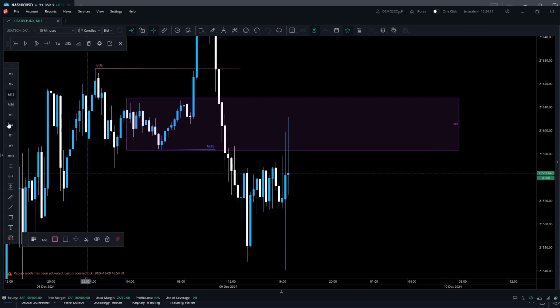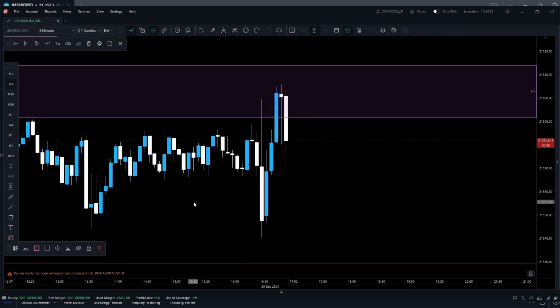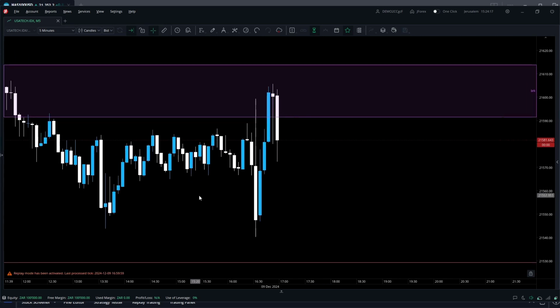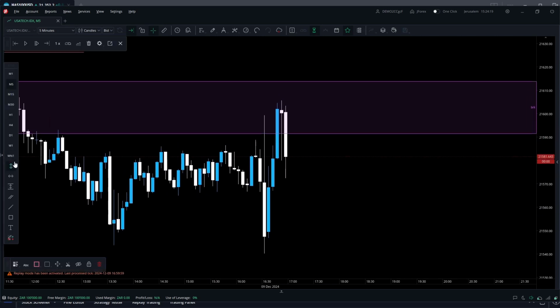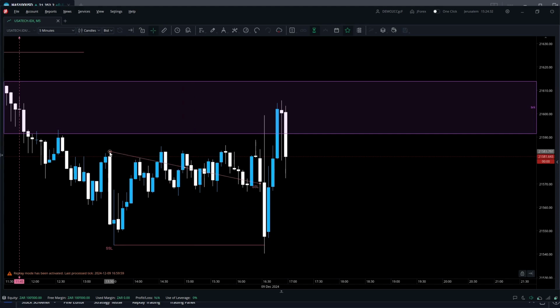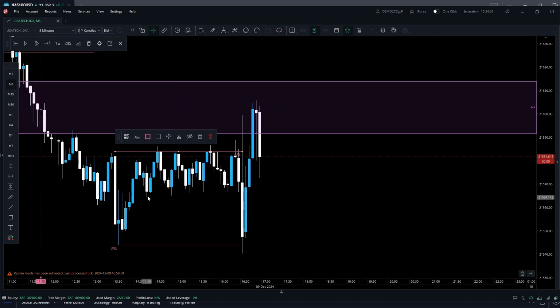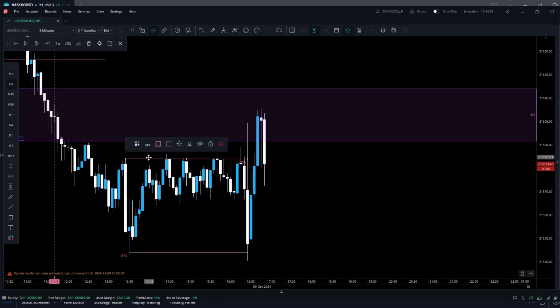If we zoom in, you can see our price action on the 5-minute. You'll see our smaller sell side and buy side liquidity. You can see we tried to break it a couple times.